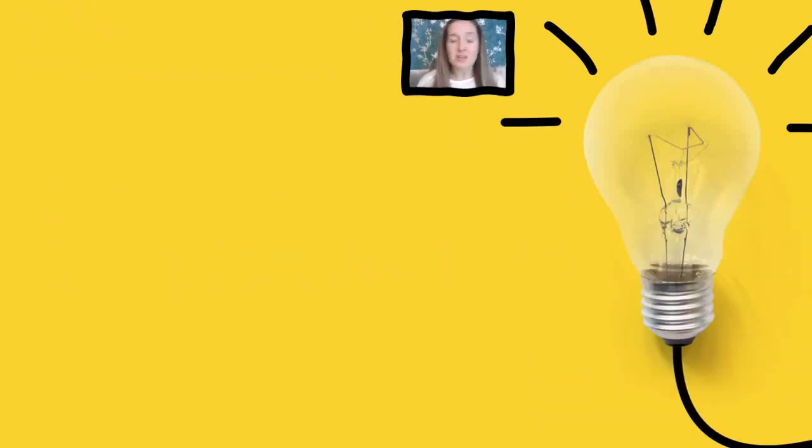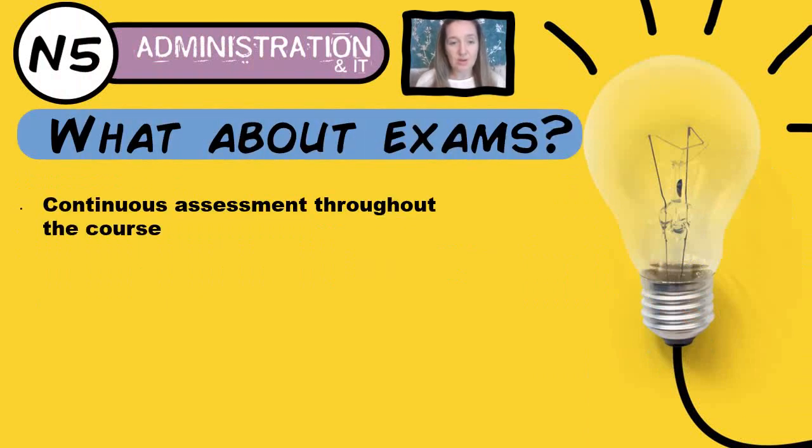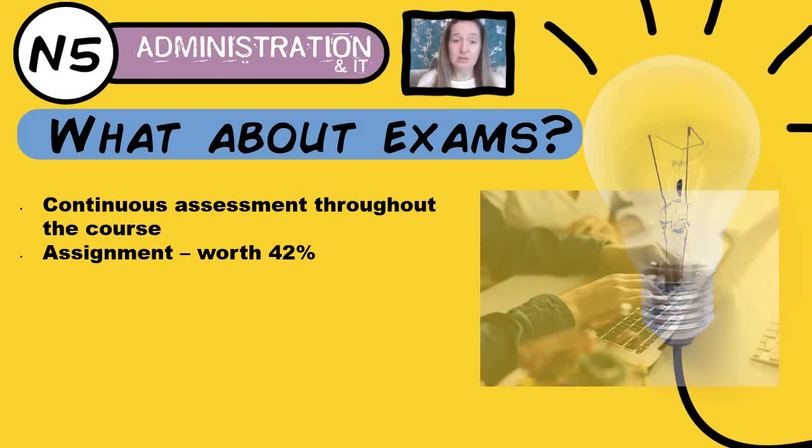So what about exams? How are you assessed within the admin and IT course? We do complete continuous assessment throughout the course. This is when we start a new topic, so maybe we'll look at spreadsheets, and we would assess you throughout just to make sure that you are picking up the skills. There is an assignment that you will sit, and that's worth 42%.